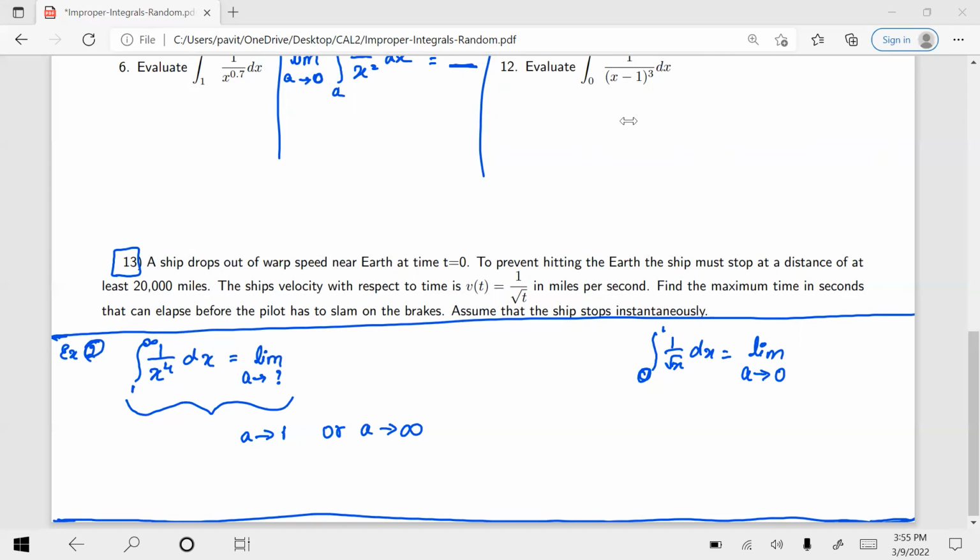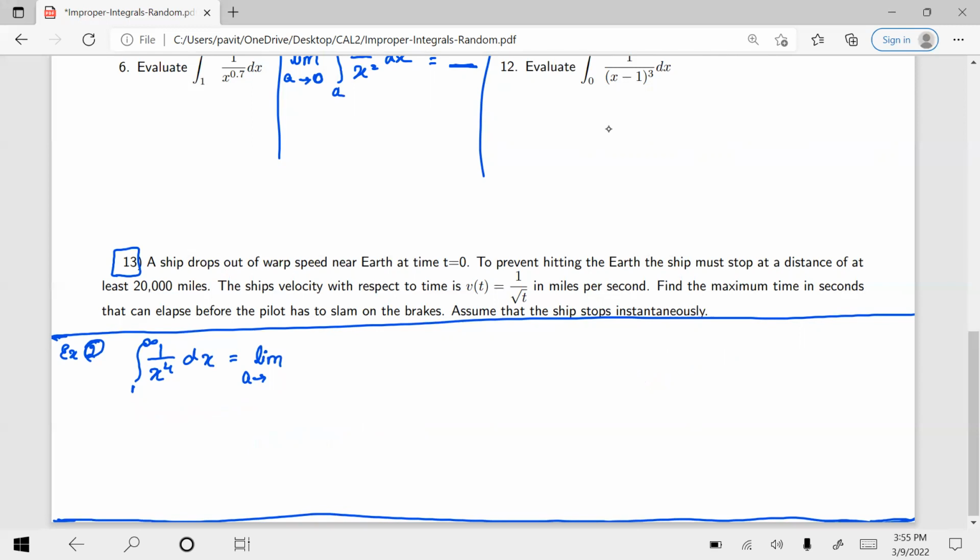Okay, I get two answers. Now, let me say that I'm going to consider it as 1. Okay. Now, do you have a problem with this point? Do not worry about the infinity right now. Just think you have some number there.